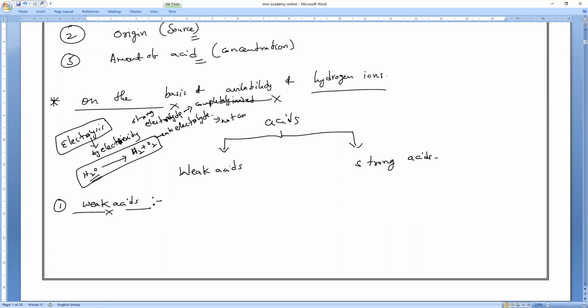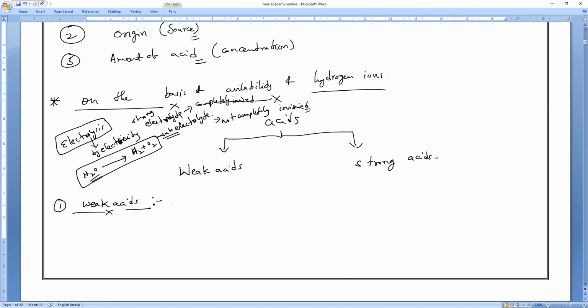Not completely ionized means not fully dissolved in the water and not forming the ions completely; that is what we call a weak electrolyte. Same phenomenon here. If it is partially ionized in water and only gives very few hydrogen ions, that is what we call weak acids. All of you remember that.